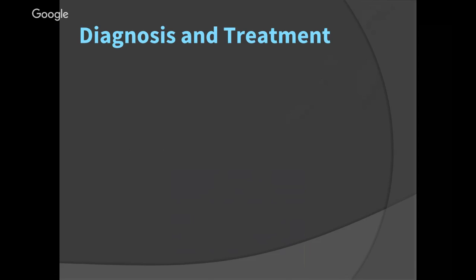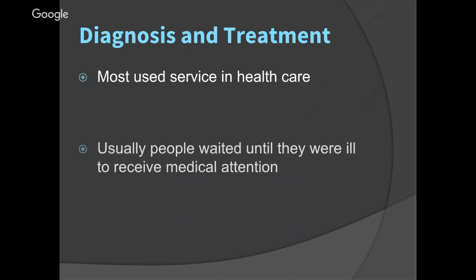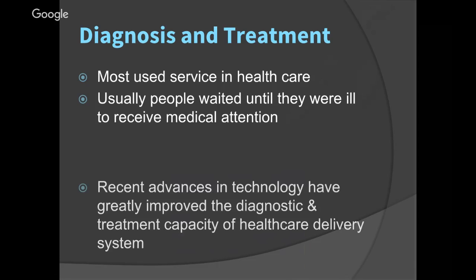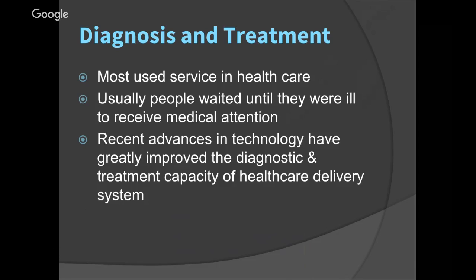All right, diagnosis and treatment, our third area of health services. This is typically what folks think of when they think of health. It is the most used service in healthcare. And usually people tend to not be proactive about their health and they wait until they are ill in order to receive medical attention. With the recent advances in technology, as an industry, we are able to diagnose and treat patients a lot better with understanding the human genome a little bit more.